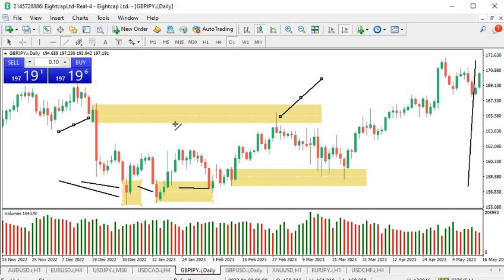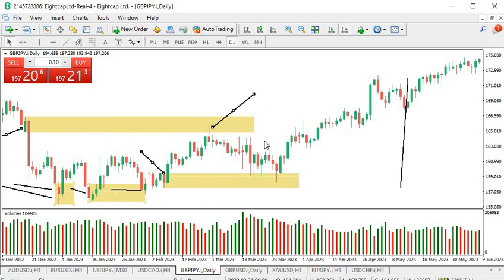So again, it is the last bearish candle, the red candle in between two green candles, the last bearish candle that pushed the market to the upside will be considered as a bullish order block. So what happened? The market approached this demand zone.